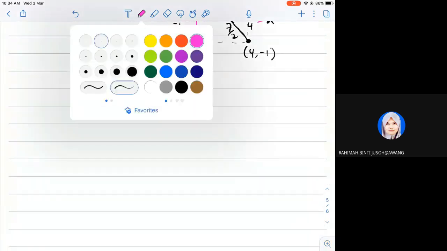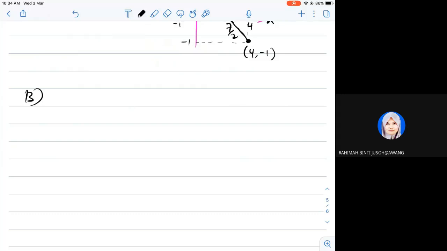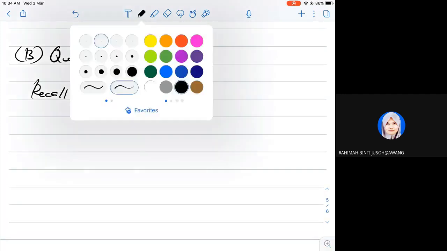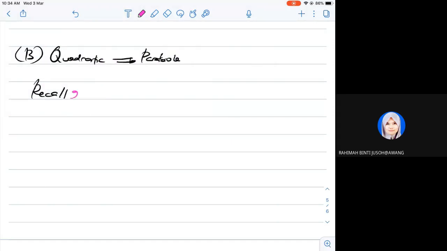Next we move to the quadratic equation. Okay, tadi straight line. Quadratic equation, you're gonna have parabola. Okay, parabola. So let us recall balik what you already learned during your secondary school. Kita recall sikit lah.